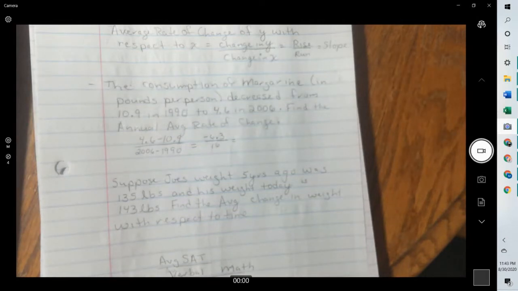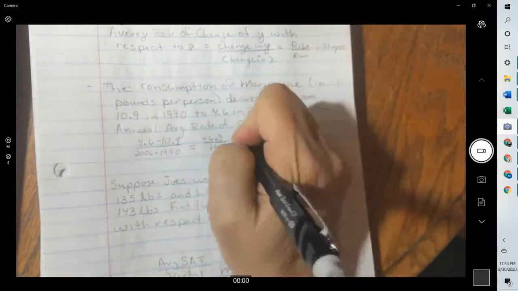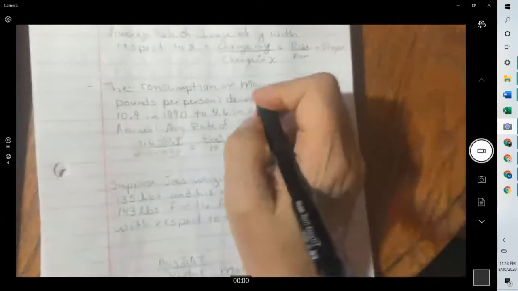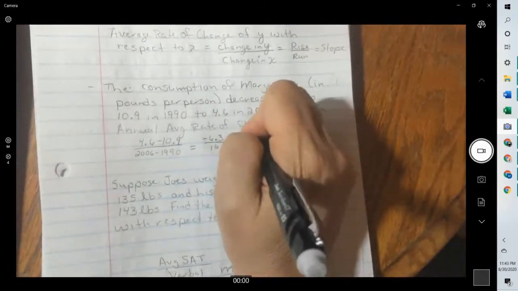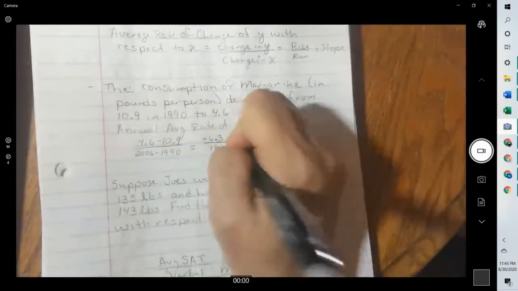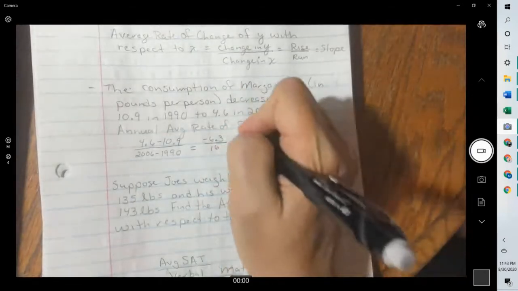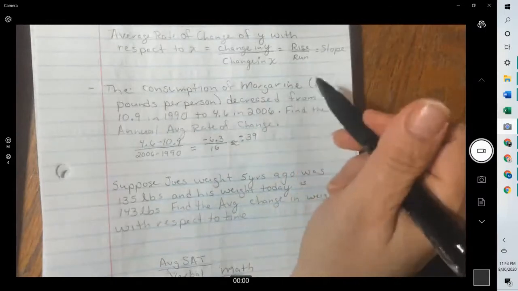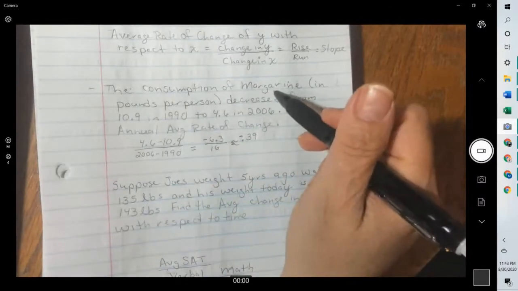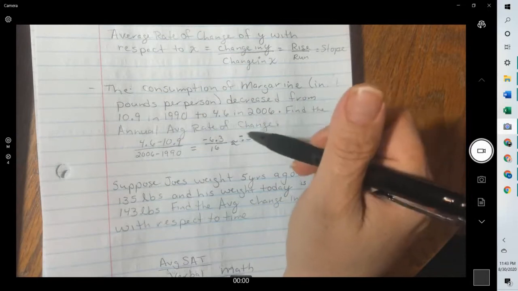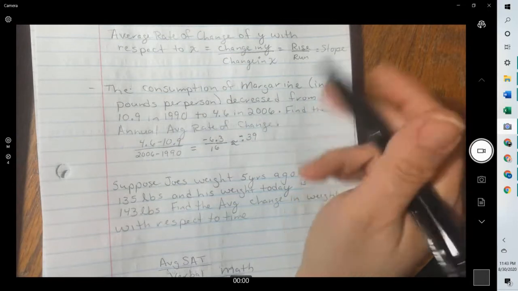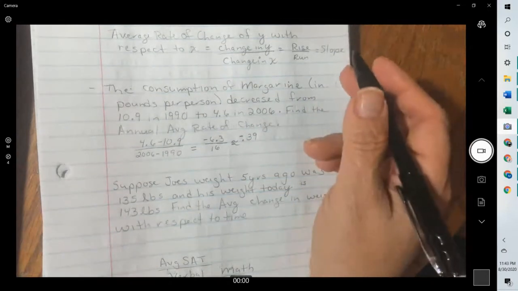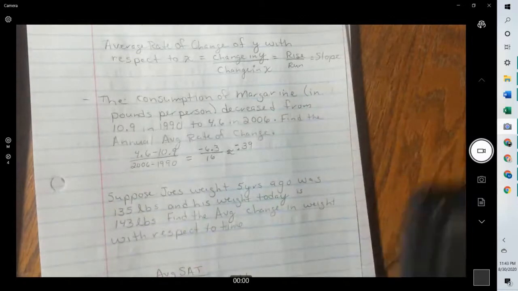And when we divide them, we get 0.39. We'll go 2 decimal places. So the consumption of margarine in pounds per person is decreasing by 39 hundredths.